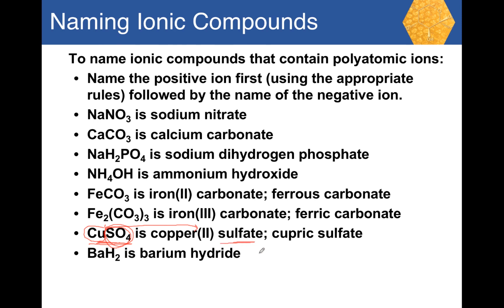So go back and look at that table that we gave you. This one is -2. And since this is +2, we can write it as CuSO4. So that's one example. So you can work through the others on your own.